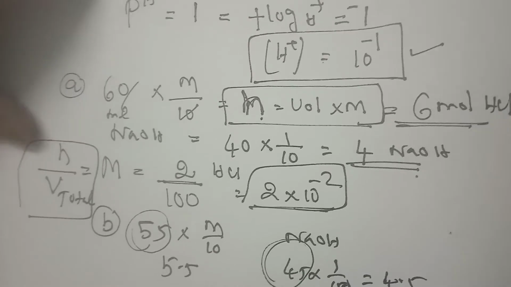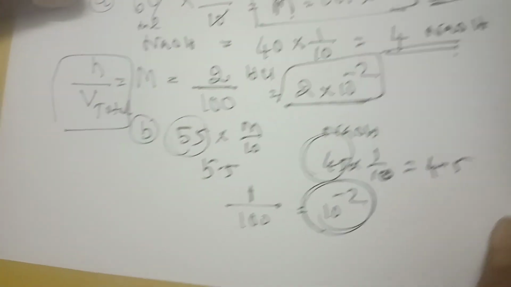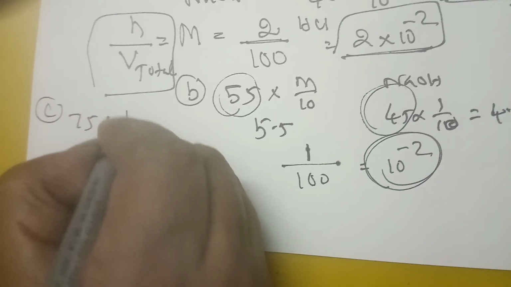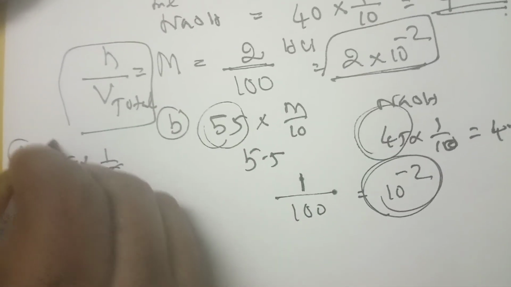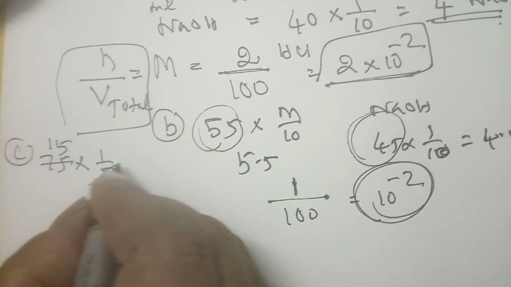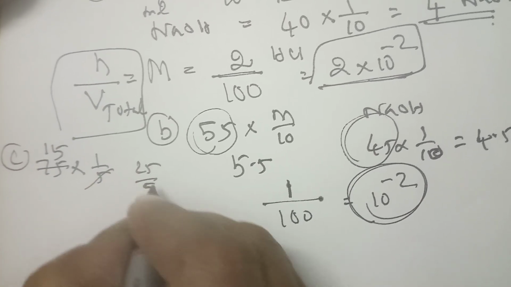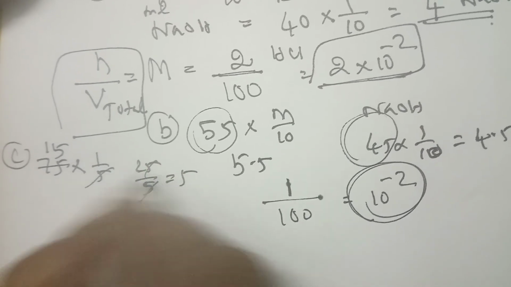Now let us go to the third case, 75. See, 75 into 1 by 5 for hydrochloric acid, and for sodium hydroxide, 25 into 1 by 5. So the 5 gets cancelled. What is the difference?